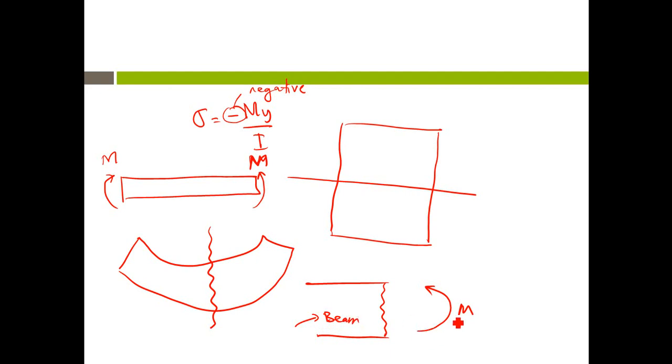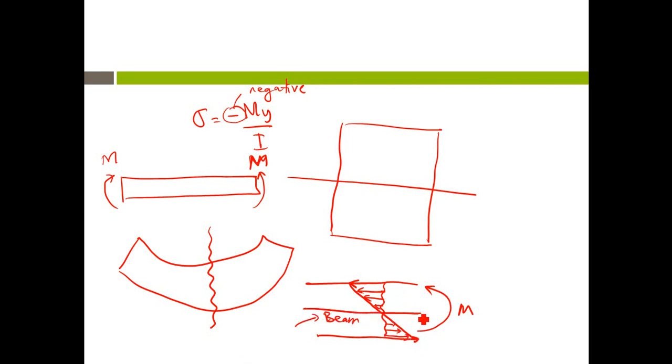Due to this moment, what happens? This moment will pull in the material, and then the moment will pull out this material. You can see it rotating, one arrow here, one arrow there, so it rotates. So what happens? Here will be in compression, and here will be in tension.